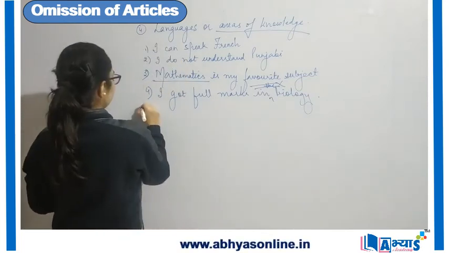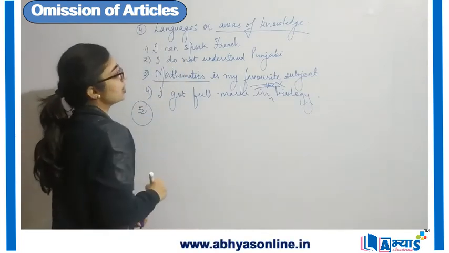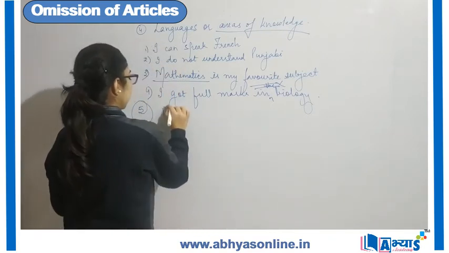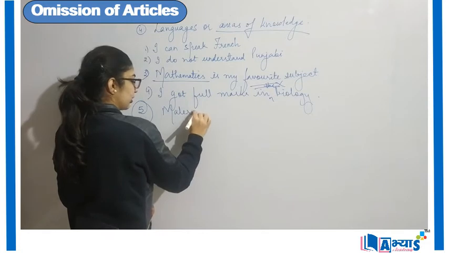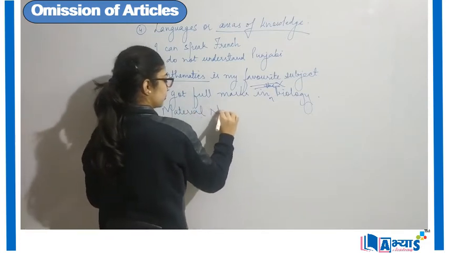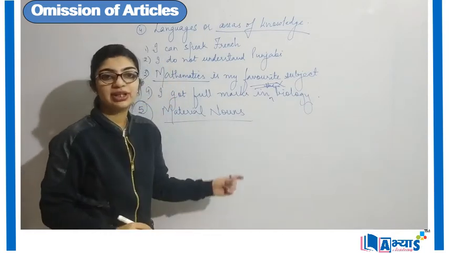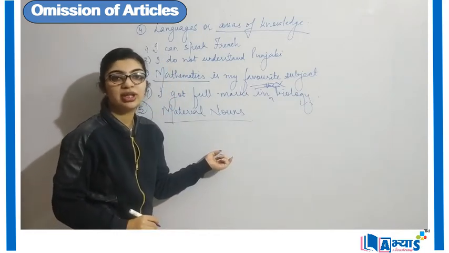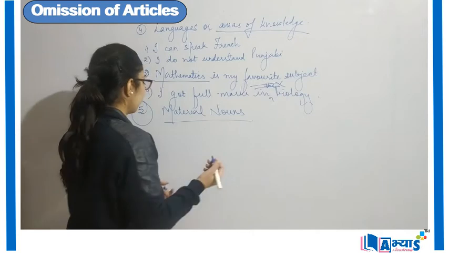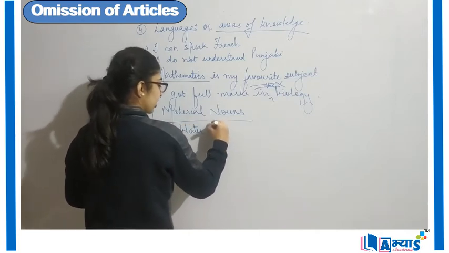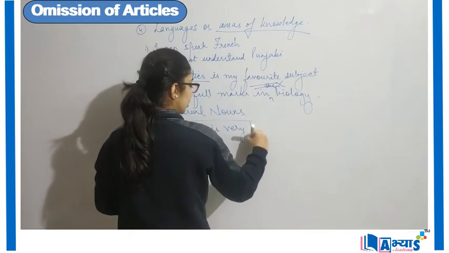Another case where articles are not used is in material nouns. So when we are talking about material nouns, then we do not make use of articles. For example, water is very precious.